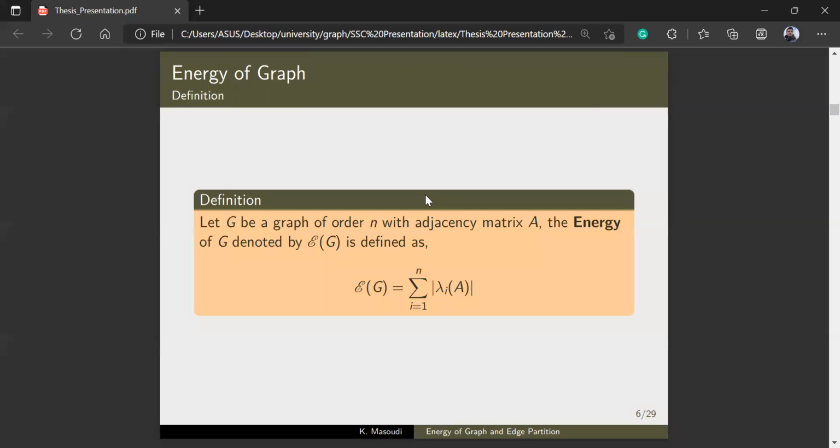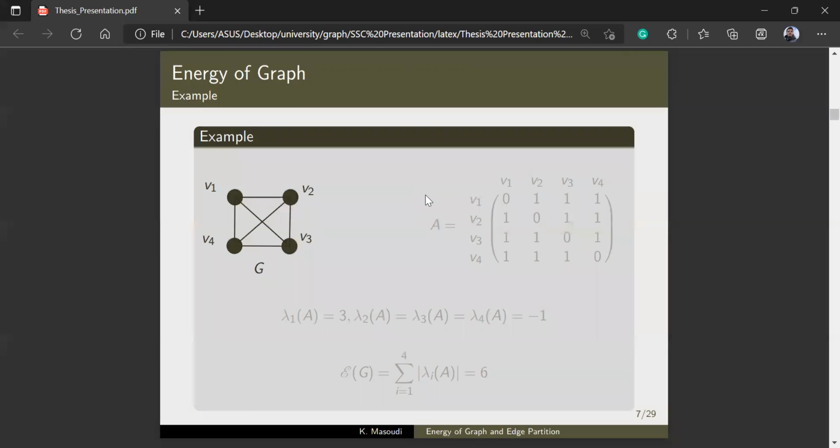Now I want to define the main concept of this presentation. G is a graph with adjacency matrix A. The energy of G is equal to the summation of the absolute values of the eigenvalues of A. Here is an example of calculating the energy of K4.